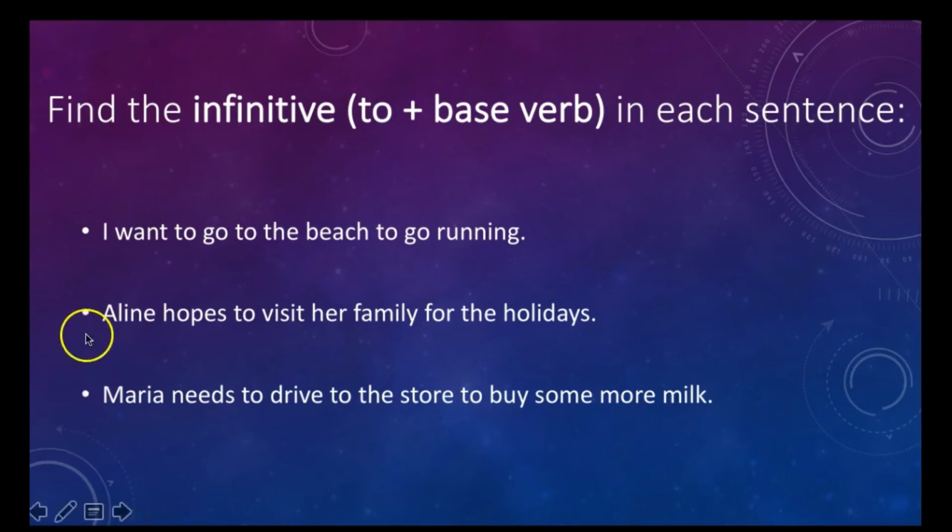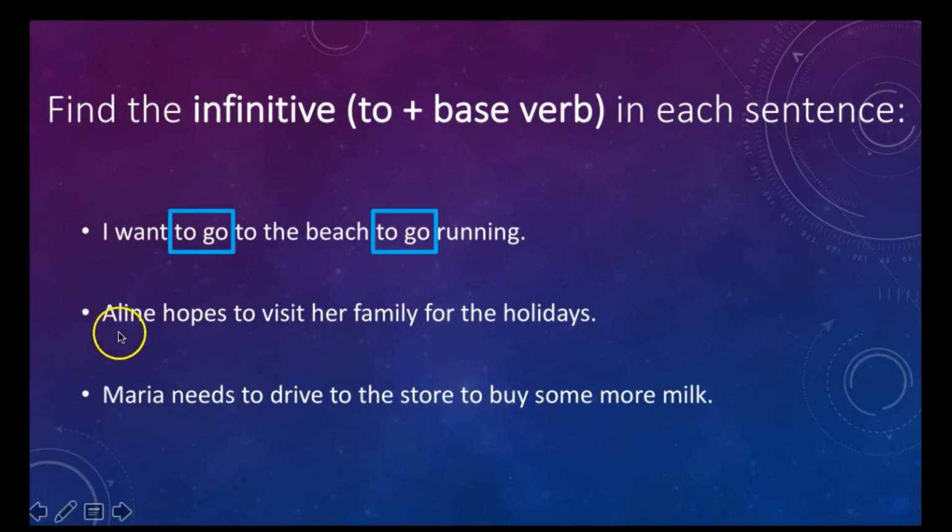Okay, number 1, I want to go to the beach to go running. So the infinitive is to go and to go. We have 2 infinitives.